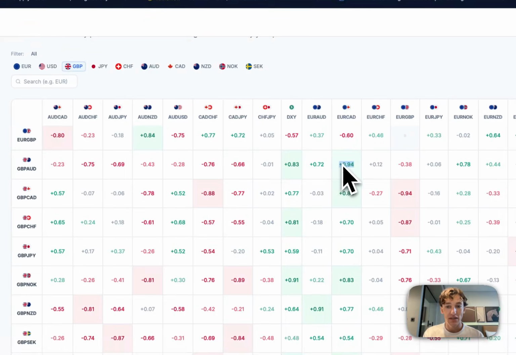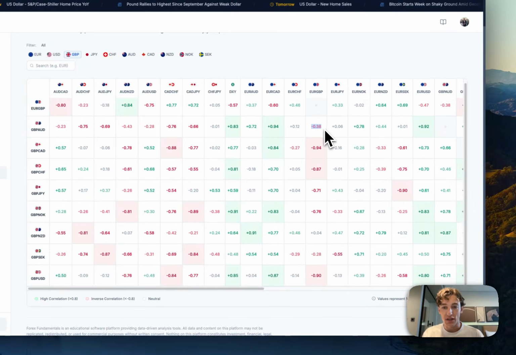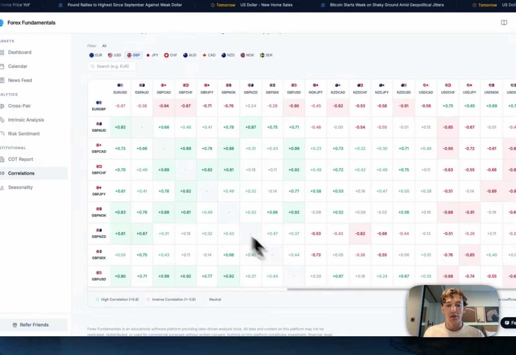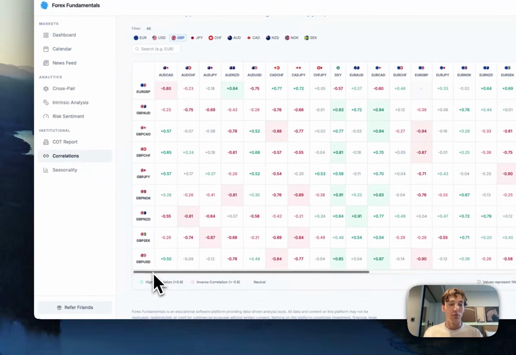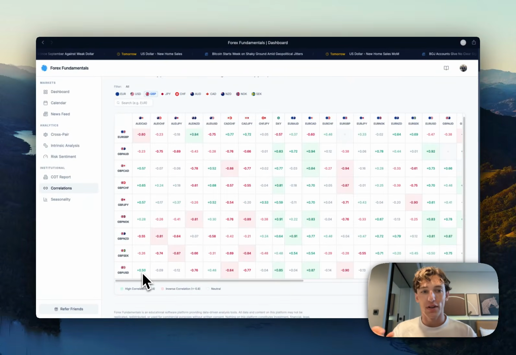So that might not be the best idea, but for example, short on Euro GBP would make more sense as it has a minus 0.38 correlation. Okay, so definitely check out your positions and see where your correlations are, when it is a good idea to long or short both, and when not to, so as not to overexpose.